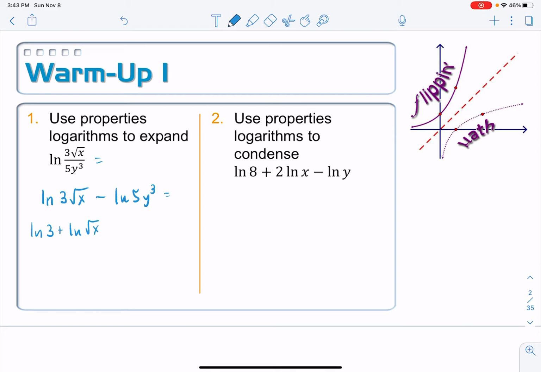Now we're going to do the same kind of thing over here. I've got 5 times y to the third power, so I can break that up also as a sum. But make sure that we distribute our negative sign here, so I'll put parentheses, natural log of 5 plus the natural log of y cubed.